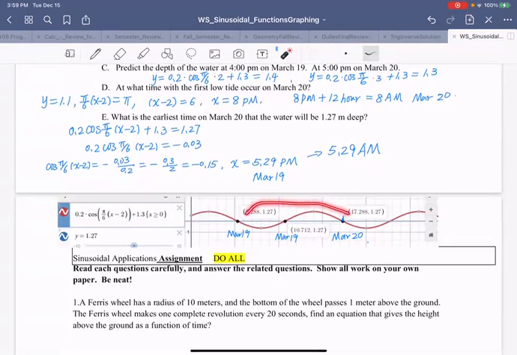And from here to here is increasing by 12 hours. So this is 5 a.m. on March 20, right? Well, 5:29 p.m. March 19 will increase 12 hours and change to 5:29 a.m. March 20, right? That makes sense?